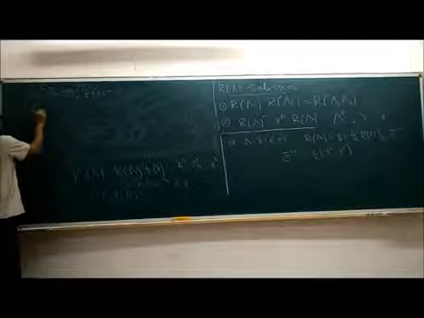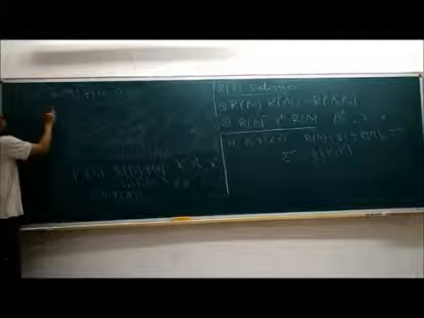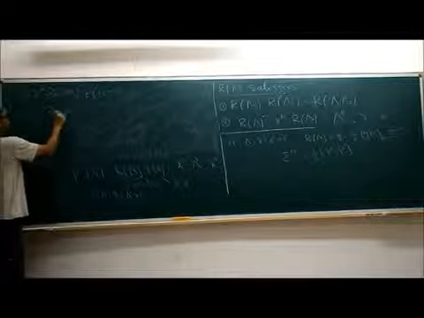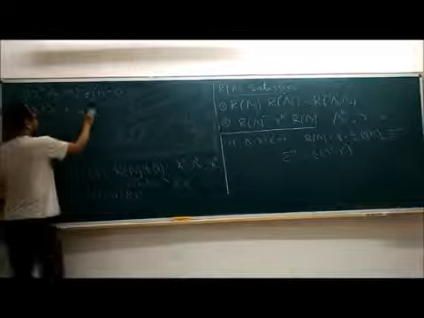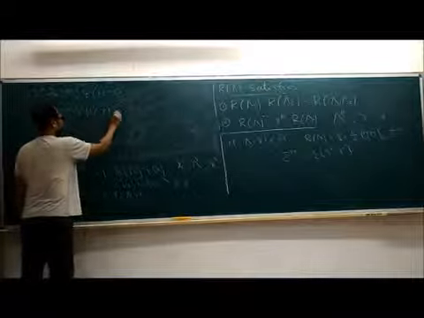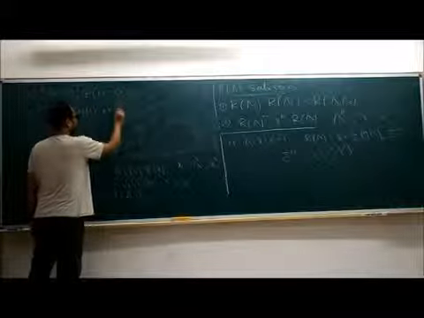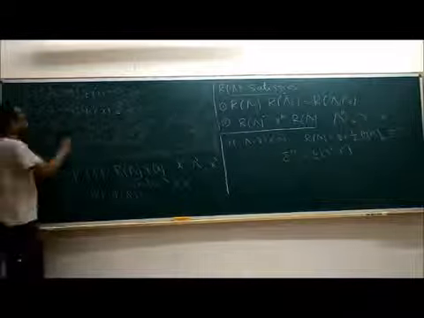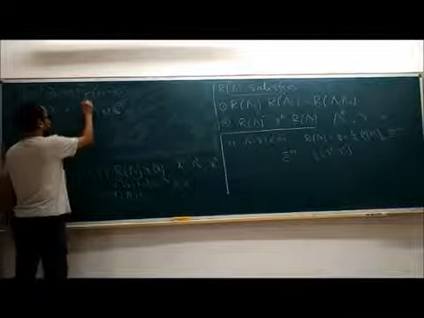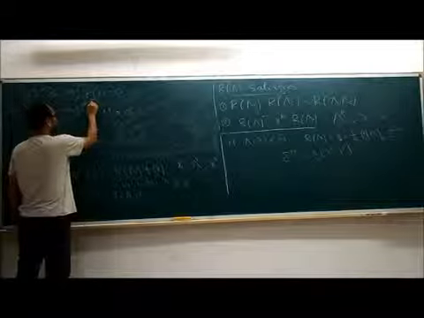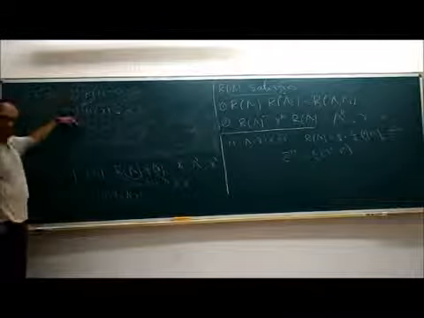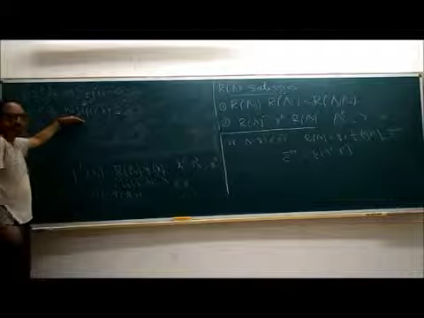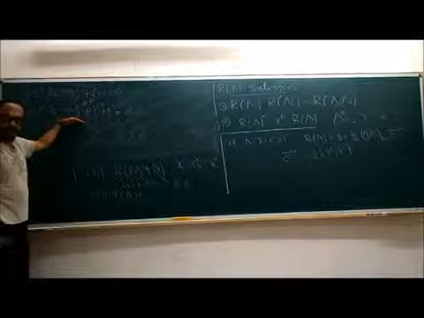We want to show that if this is satisfied, then the transformed equation should also be 0. This is what we want to check: whether this implies this or not. Because if it does, then that will establish that the Dirac equation is Lorentz invariant.